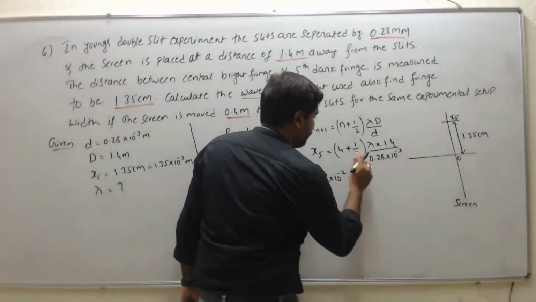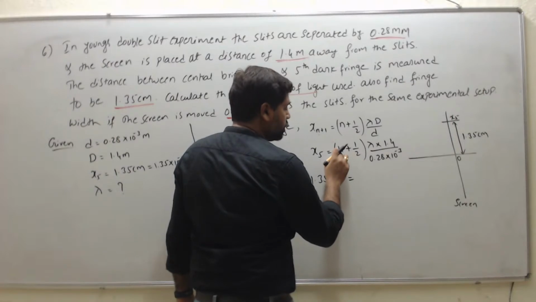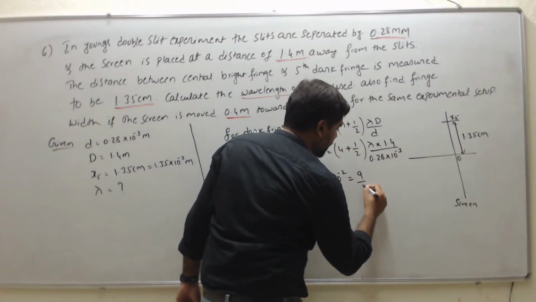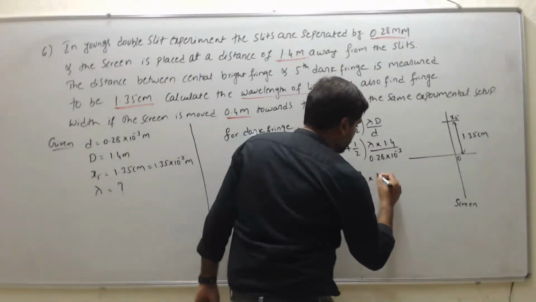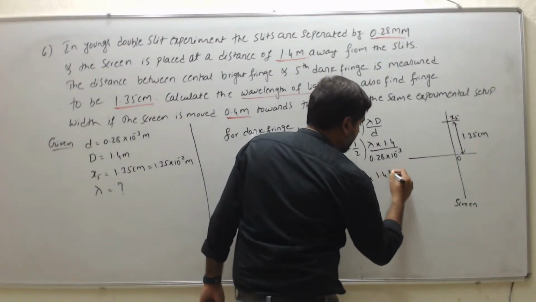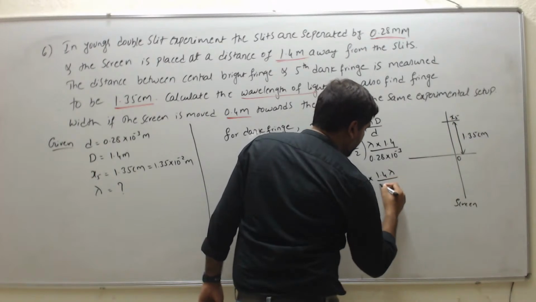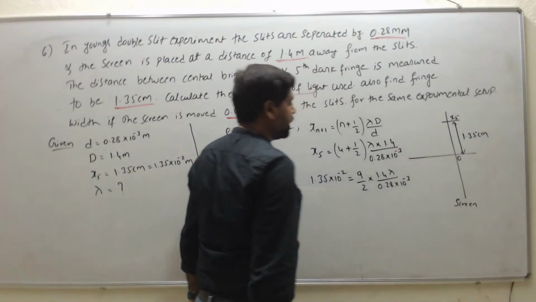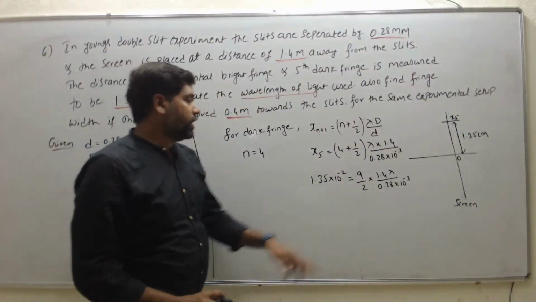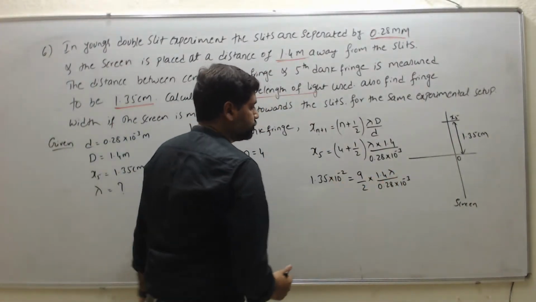That is equal to, if we take the LCM, 8 plus 1, that is 9 by 2 into 1.4 lambda divided by 0.28 into 10 to the power of minus 3. So we need lambda.